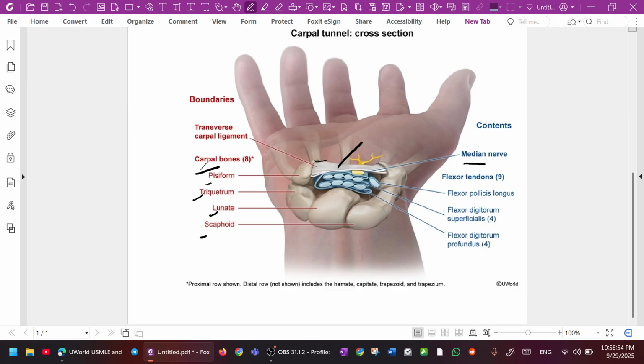which attaches to the carpal bones. This transverse carpal ligament attaches to the carpal bones laterally, the scaphoid and trapezium, and medially by the pisiform and the hook of the hamate.